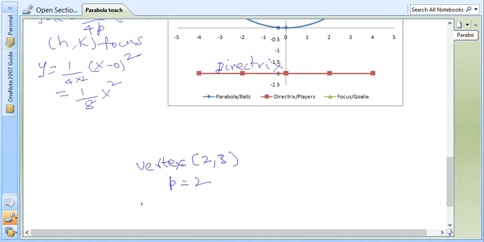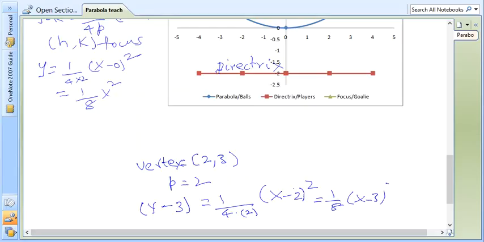So our equation now becomes y minus k, which is in this case 3, is equal to 1 over 4 times p, which is 2, times (x minus h), where h is the x value of the vertex, which is 2, squared. So this is y minus 3 is equal to 1 over 8 times (x minus 2) squared, which is going to be the equation of the parabola.